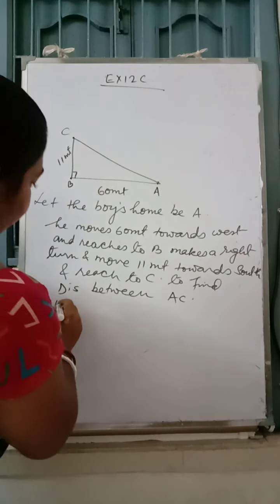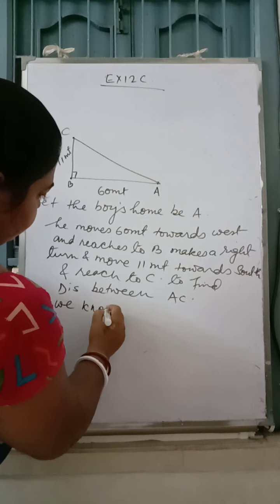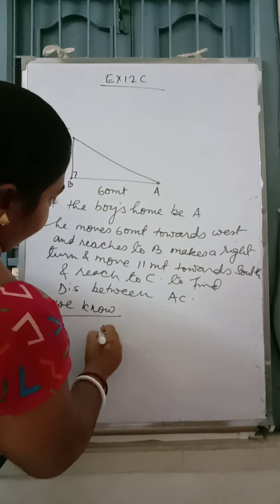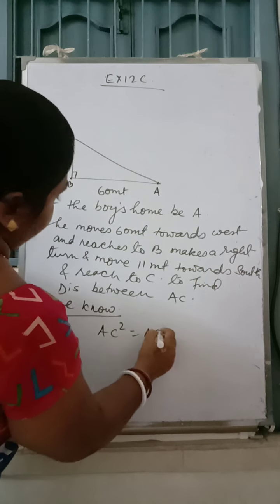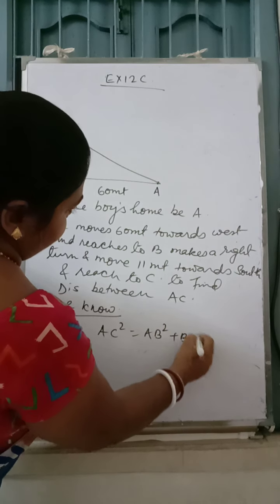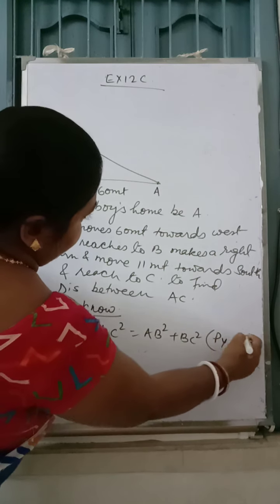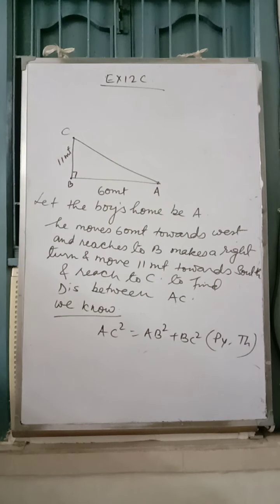What do we know? What do we know, dear? AC square is equal to AB square plus BC square according to Pythagoras theorem. So we are going to solve it.